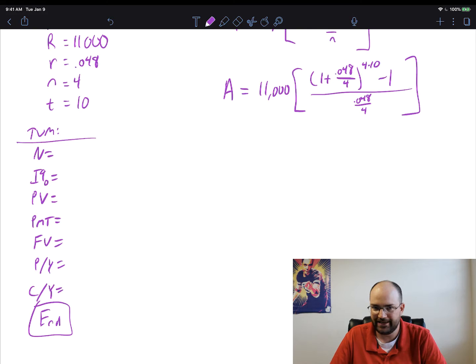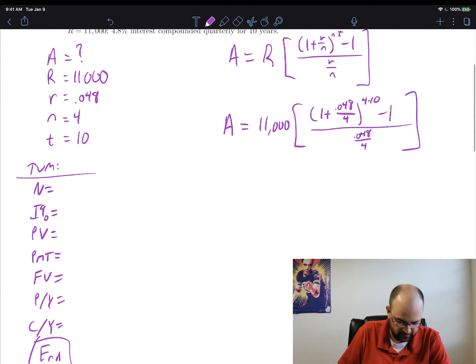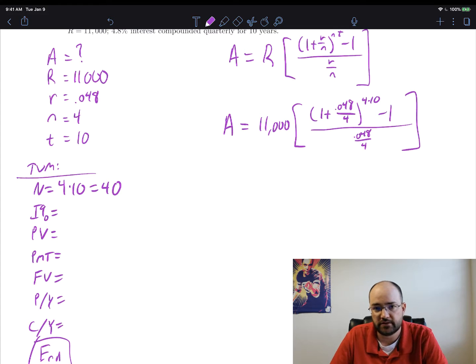Always be on the lookout for that end. It's very easy for some reason to get it to go to the other one. It happens all the time. Capital N will be the total number of payments. Well, it's just n times t. So for us, we would just type in 4 times 10. And when we do that, that should tell us 40.